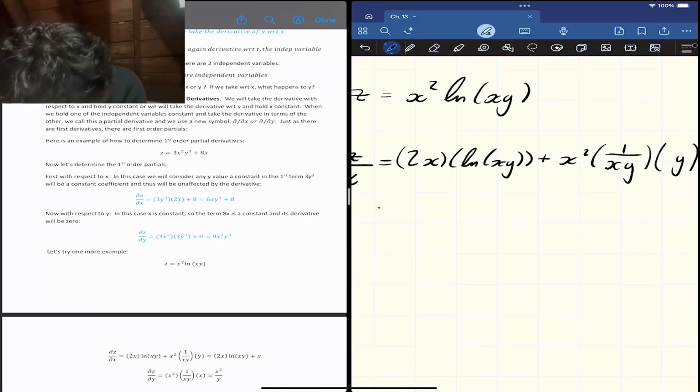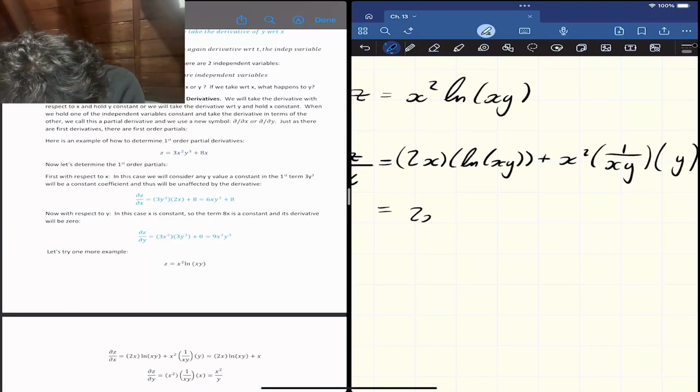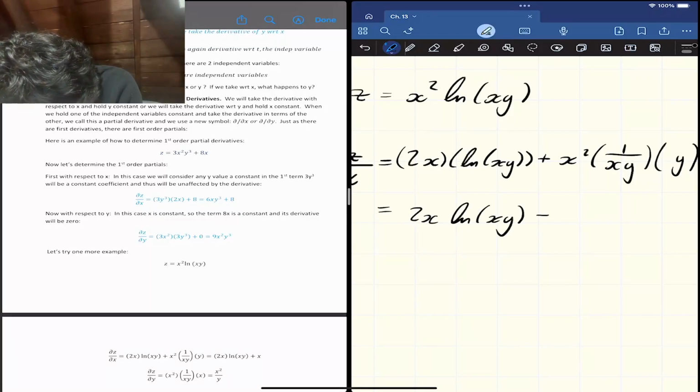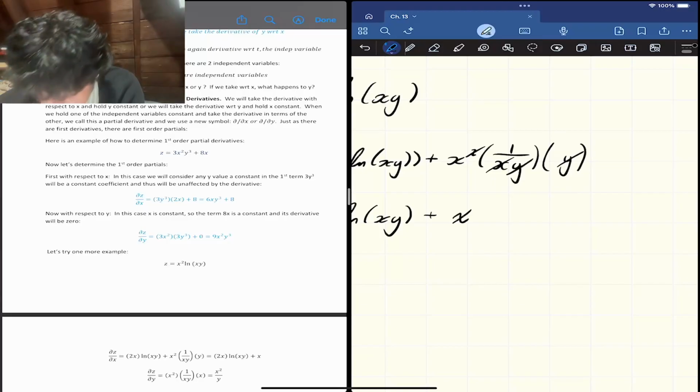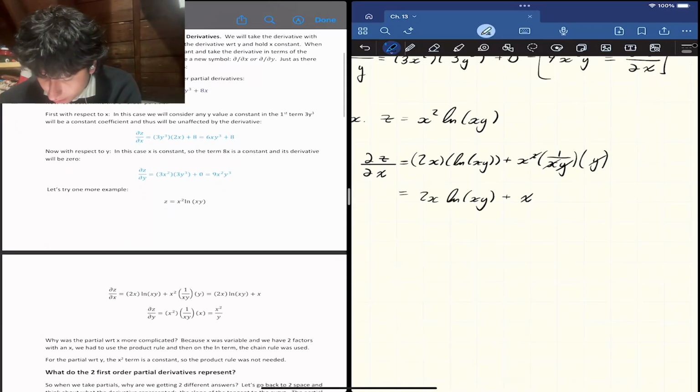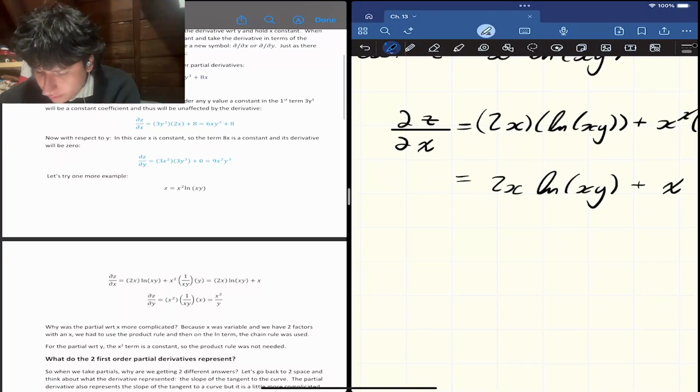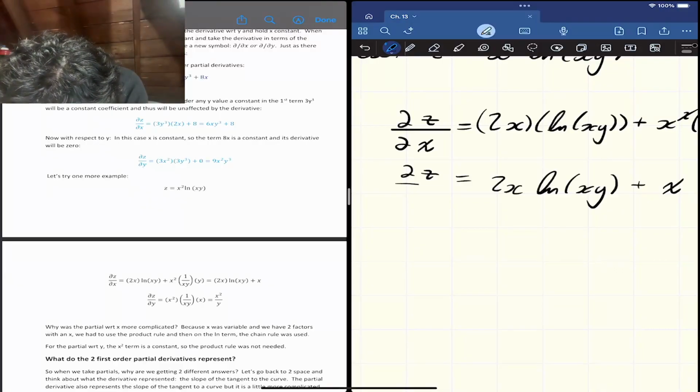So your total thing would be that 2x ln of xy, now multiplied by this y would cancel, this x would cancel, so this would just be plus x. Is that right? Yeah, it is. Okay, perfect. So this would be the partial now of z with respect to that x.